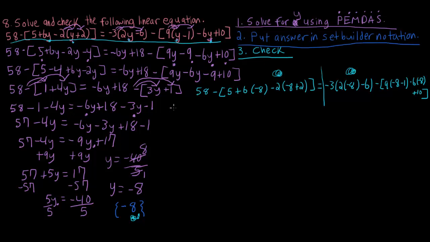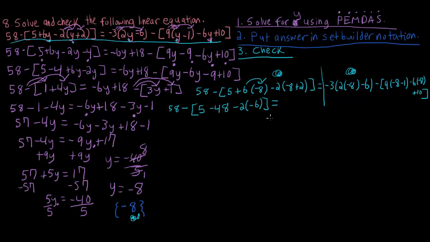So 58, okay, we got 58 minus 5, 6 times negative 8, so 5 is just negative 48. This times this is negative 48, so minus 48, minus 2, parenthesis, negative 8 plus 2 is negative 6.